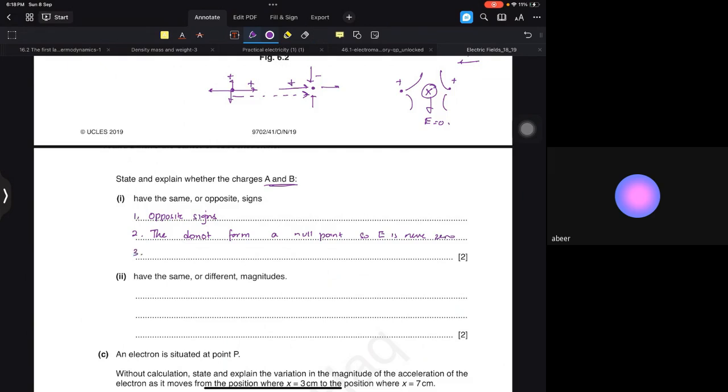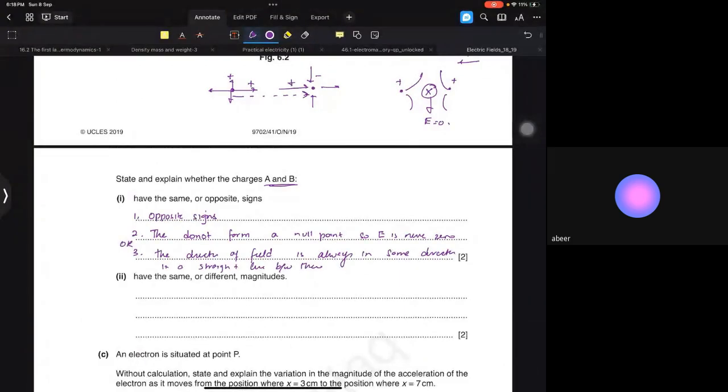The other one is that the direction of E is always in the same direction in a straight line between them. So you can write this or you can write three, but it's okay. Whatever you want to write, so all right.